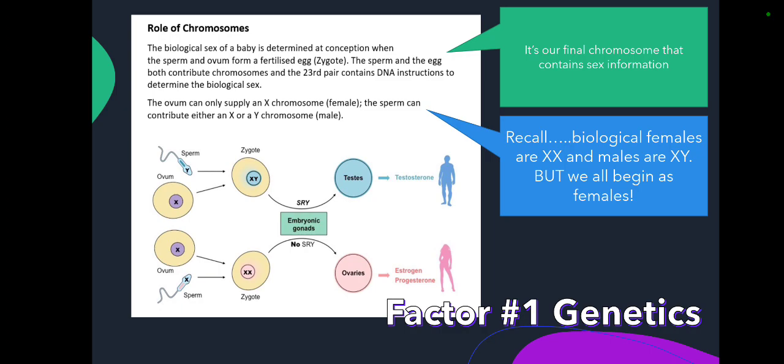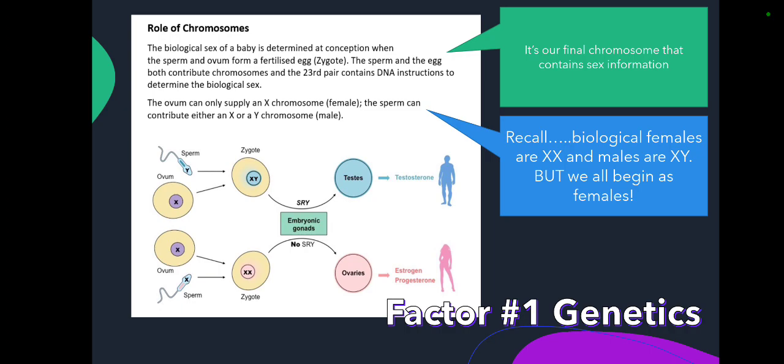So we're mentioning here the genetic components that make up biological males and biological females, and drawing on the idea of where that comes from. What are we each getting from our mothers and our fathers, from the ova and from the testes of our parents, that determines the chromosomal structure, which in turn produces our biological sex?